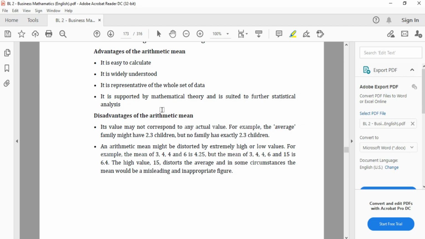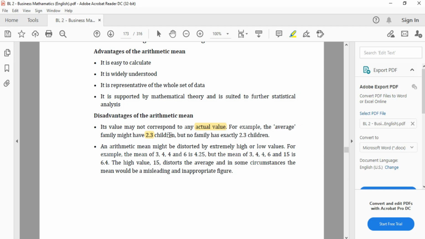But when it comes to disadvantages, well, it is not an actual value because it's an average, right? Averages cannot be applied in every scenario because if you take the average number of children in families, you might end up with a decimal answer like 2.3 children.